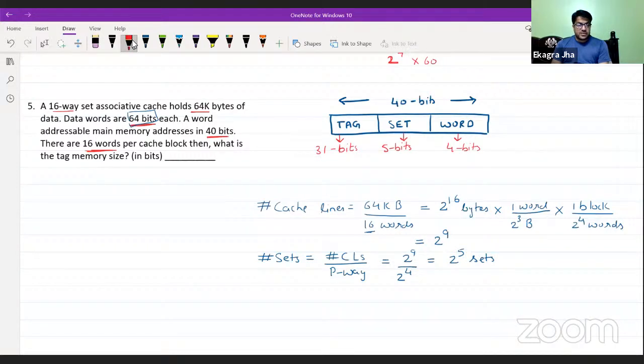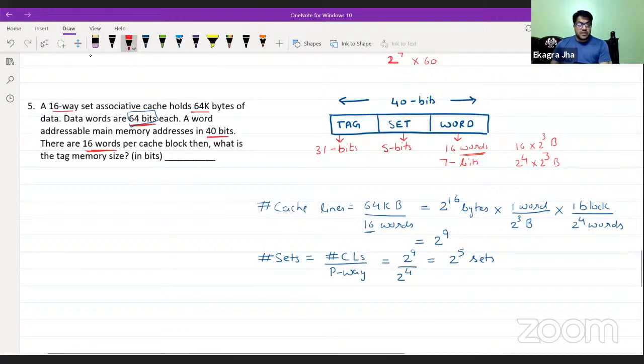Okay, let me correct this thing. Word is actually 16 words. We need to convert this word in number of bytes. So this is going to be 16 into 2 to the power 3 bytes. So this is going to be 2 to the power 4 into 2 to the power 3 bytes. Hence, the number of bits required are 7 bits, not 4, because the block size is given in words.